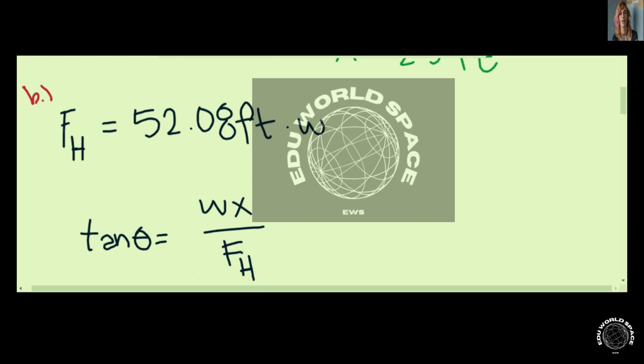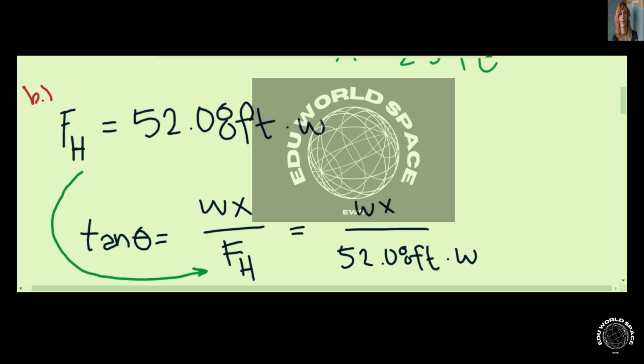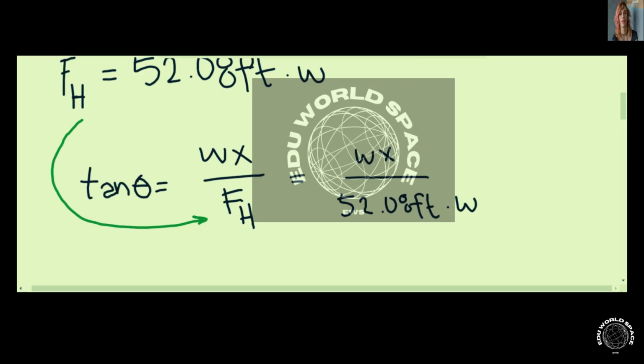Now we know what F sub h is because we solved for it above. If we substitute in F sub h, tangent theta becomes wx over 52.08 feet times w. As you can see, we have like terms and we can cancel out w.